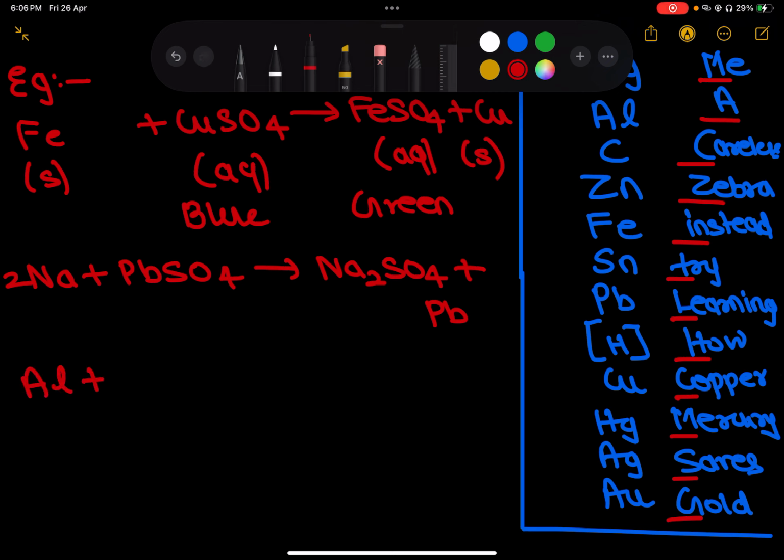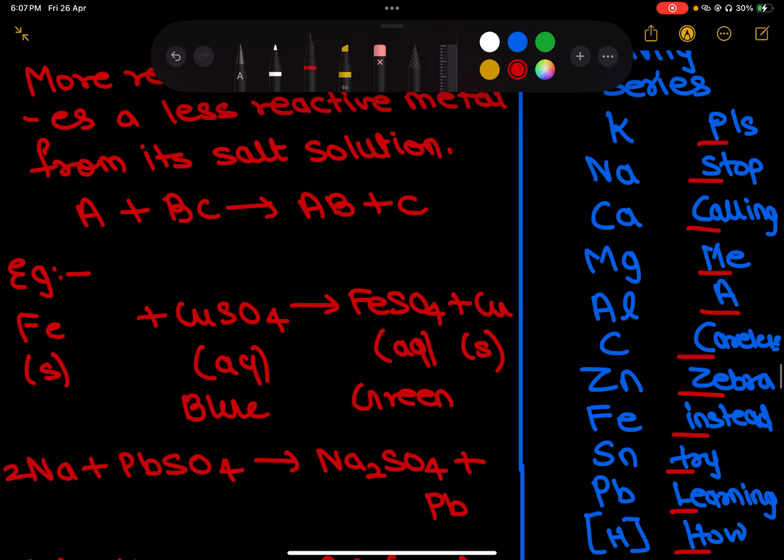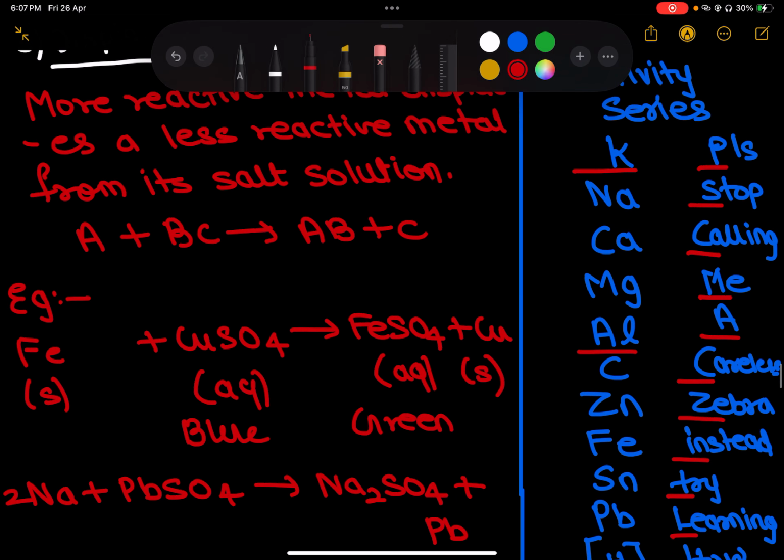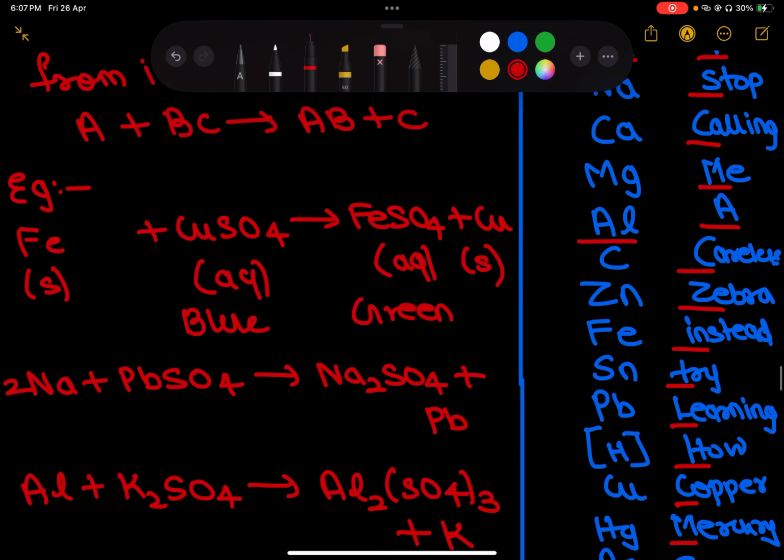Al plus K2SO4 gives Al2(SO4)3 plus K. Is this reaction valid? Now see, Al is here and K is here. So can Al displace K from its salt solution?